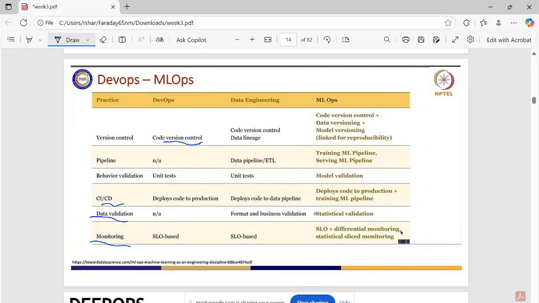MLOps and DevOps are both used in version control: code version control plus data versioning plus model versioning.